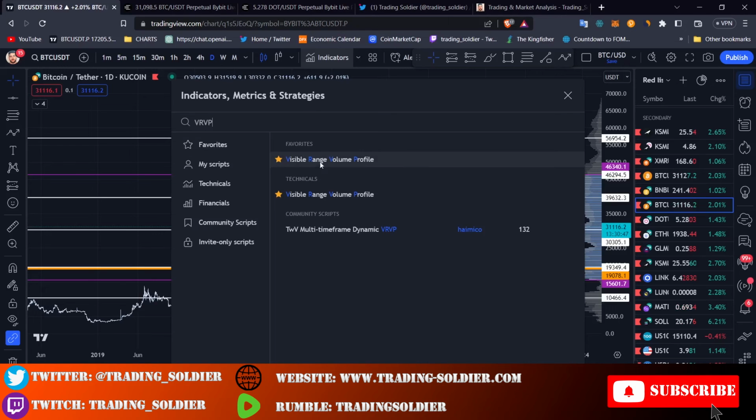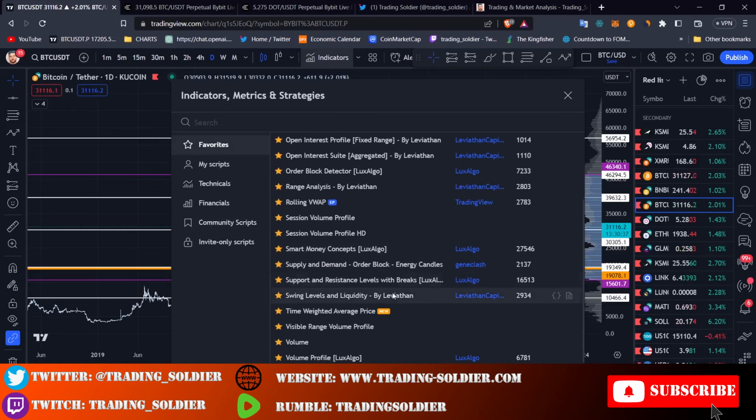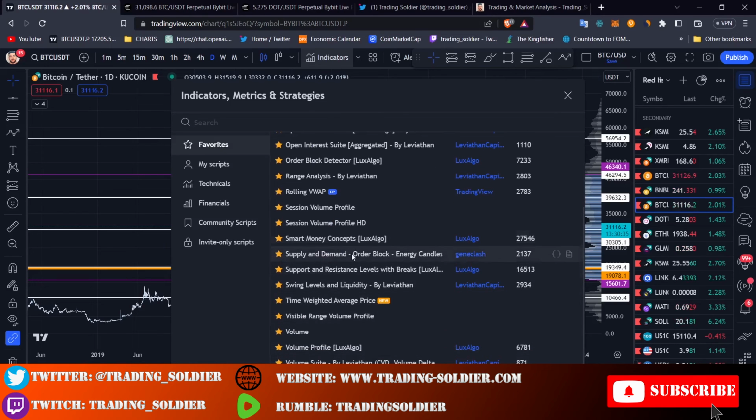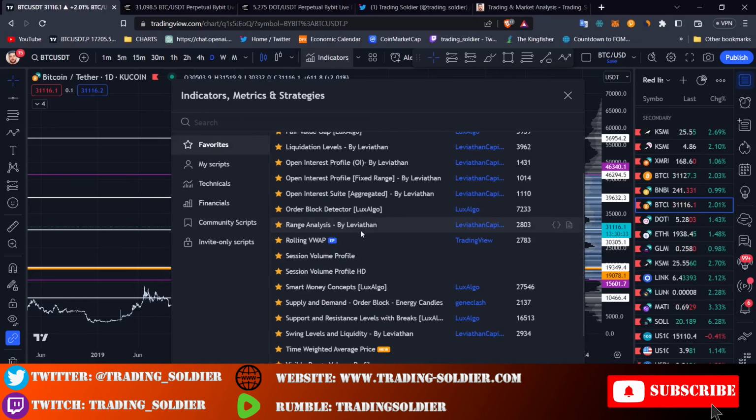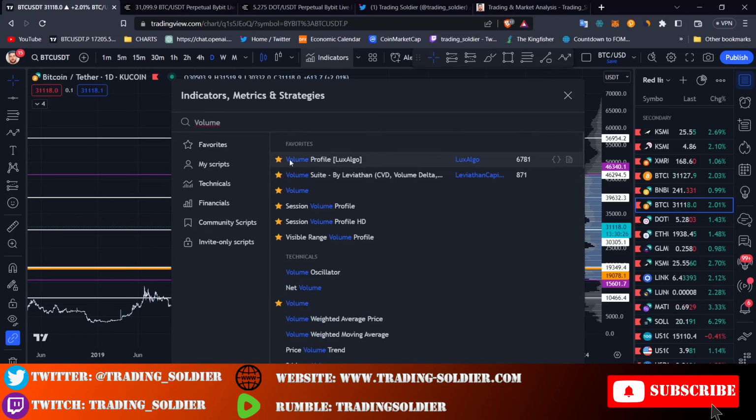So if you want to use this indicator for free with the free version of TradingView, you can find this other indicator of LuxAlgo, that is this indicator here. Let me find it. Okay, Volume Profile by LuxAlgo.